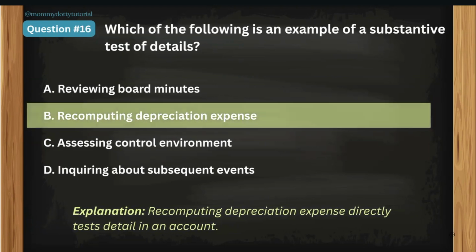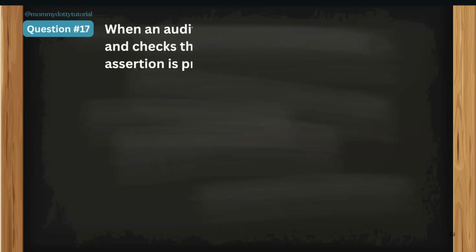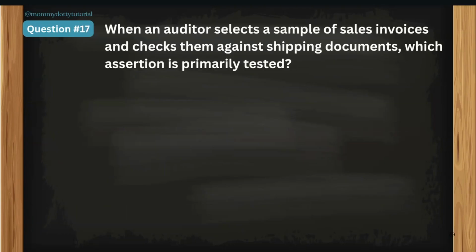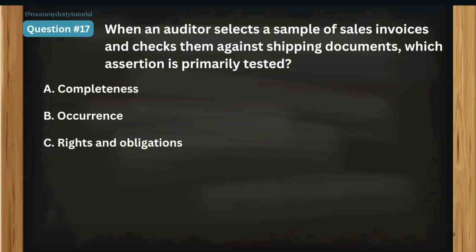Okay, now let's go to question number 17. When an auditor selects a sample of sales invoices and checks them against shipping documents, which assertion is primarily tested? Remember, sales invoices against the shipping documents. A, completeness. B, occurrence. C, rights and obligations.